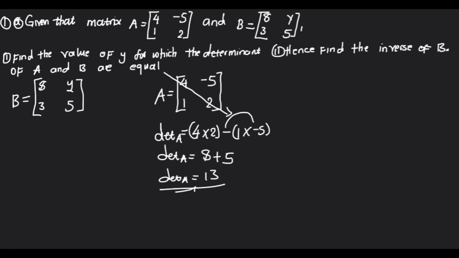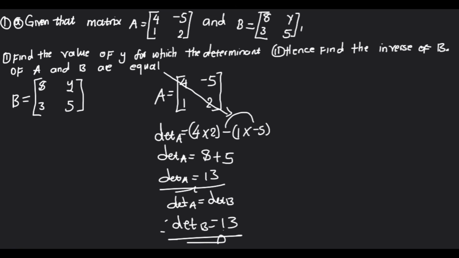Now, since the determinant of matrix A is equal to 13, the determinant of matrix B will also be equal to 13, since we are saying the determinant of matrix A and determinant of matrix B are equal. So we'll say, therefore, determinant of matrix B is equal to 13.